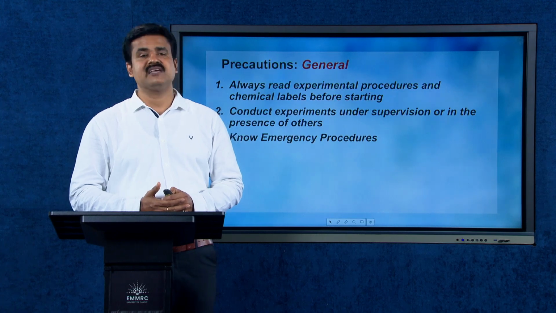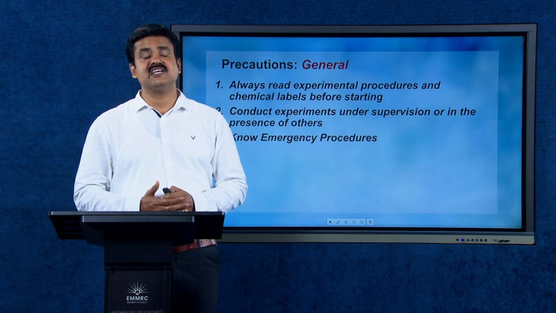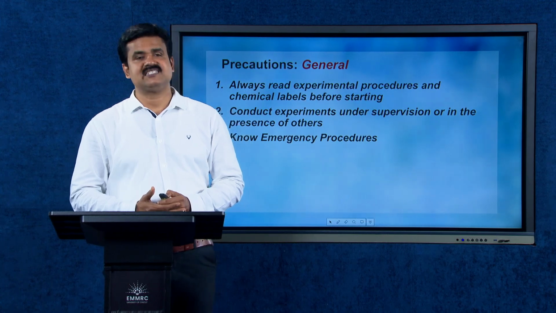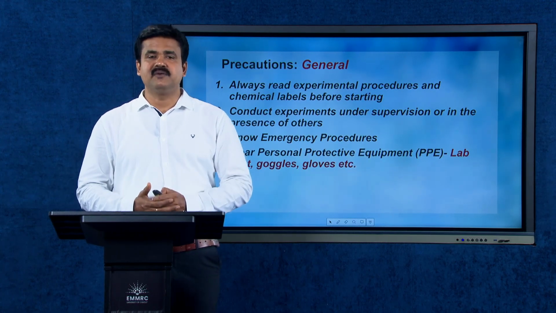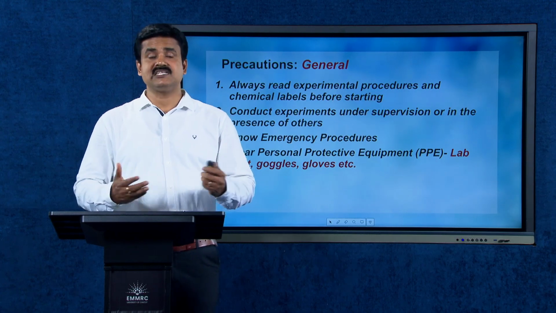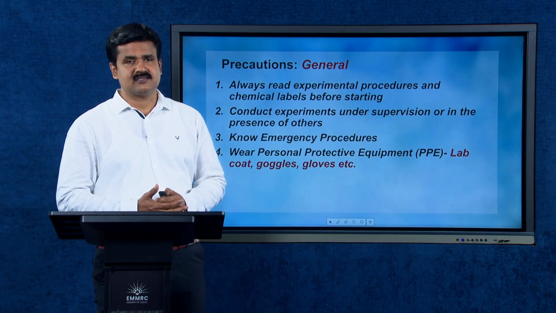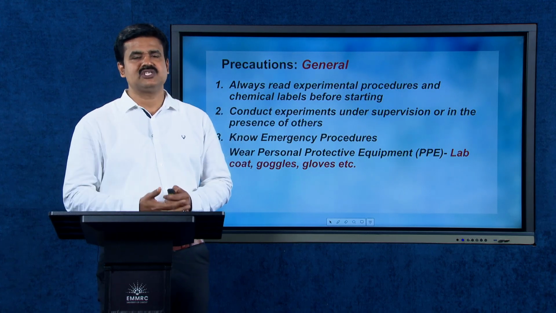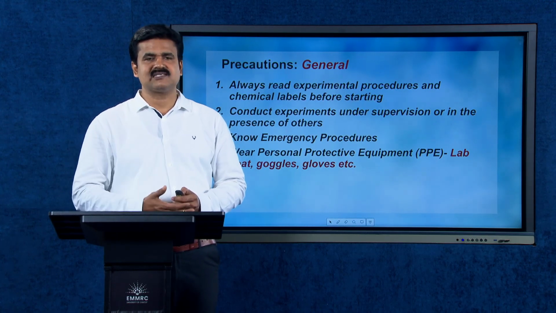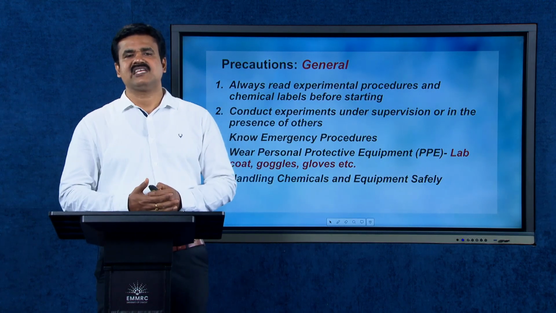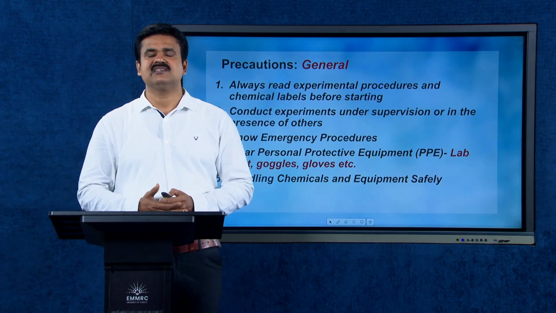You have to be familiar with the emergency procedures that you have to adopt in the case of an accident or an emergency. Wear personal protective equipment, or PPE. The important personal protective equipment that you have to wear in the chemistry laboratory includes lab coat, goggles, gloves, shoes, etc. Now, handling chemicals and equipment safely.